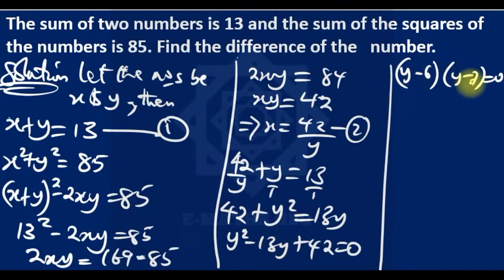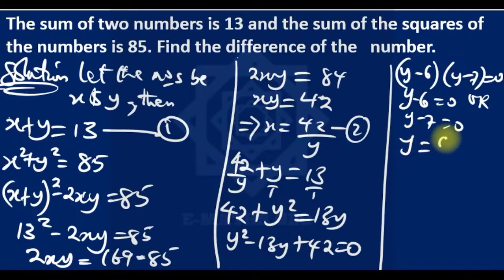For the product of two numbers to be 0 means that one of them must be 0, so y minus 6 is 0 or y minus 7 is 0. So we have that y is either 6 or 7. When y is 6, x is 42 over 6.